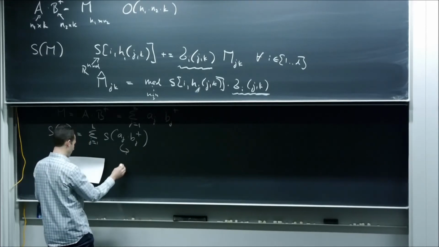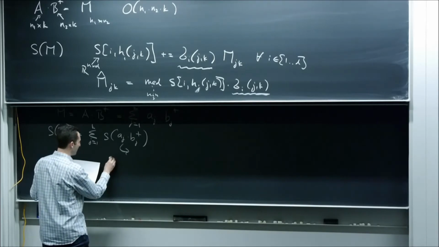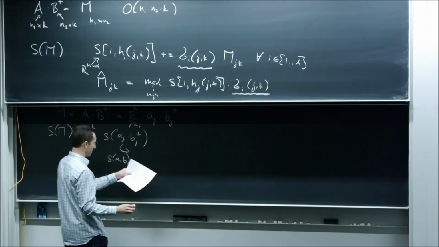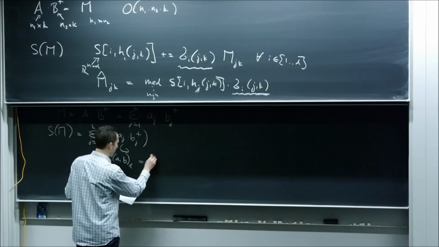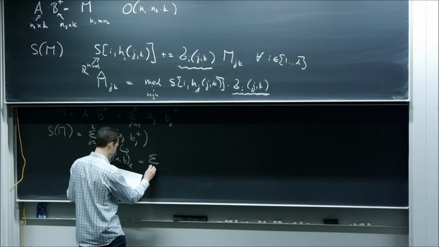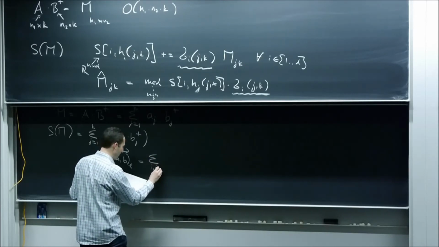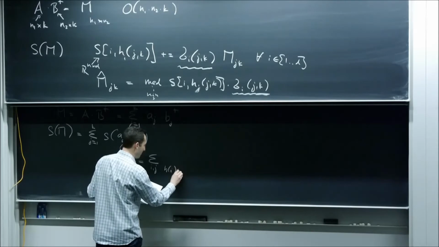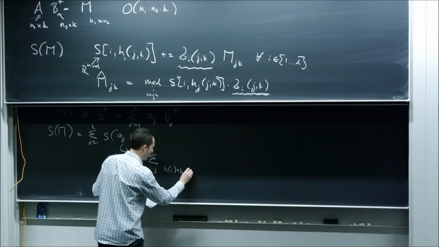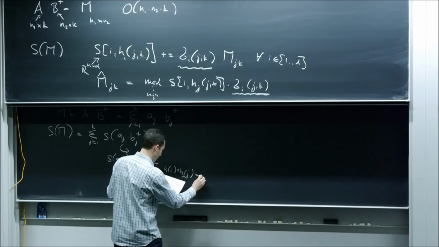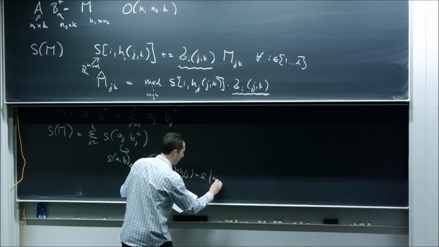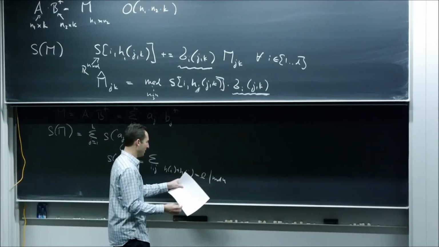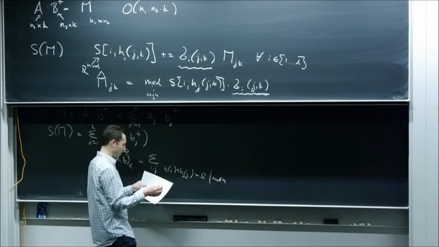So I'm actually interested in the value for a particular bin. So S of A, B, indexed by L, so that's bin L, is the sum over all i's and j's with the property that hash of i plus hash of j equals L mod n. Okay, that's the condition, because we need that they match up, otherwise they won't fall into this bin.